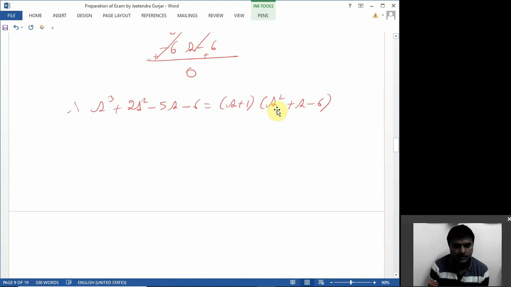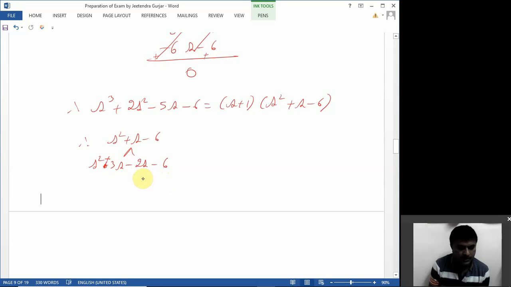Now you can see the term s square plus s minus 6 is there. So I will take the roots of this. Just split this into plus 3s minus 2s minus 6.